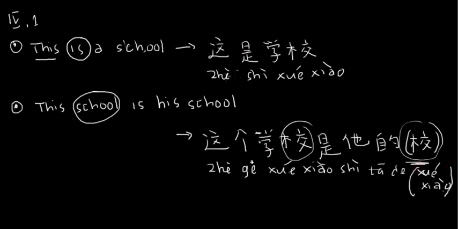So you can omit this one. That's the second example. For the pointer plus auxiliary verb construction, you can just directly say 这是学校. But if you want to put a noun, 这个学校是他的学校 or 这个学校是他的, without mentioning the 学校, because we already know it's going to be this. We just shorten or omit that.